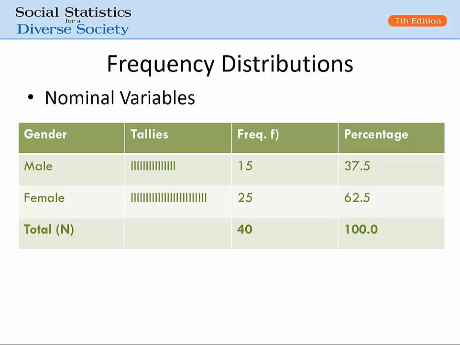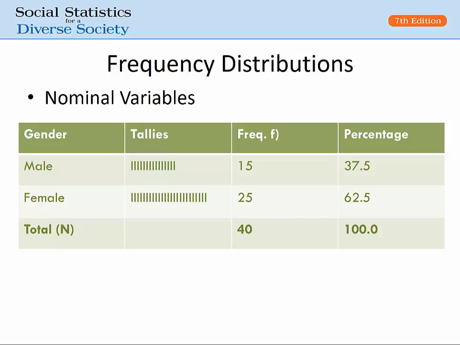They're counts of things. So again, if we're comparing males to females in this particular group, we see that there's a total of 40 people in this group. 15 of them are male and 25 of them are female. And we're familiar with doing those little tallies where we put those little slashes down to tally up the number of people in a group, and then we count those up to get our frequency. And then we convert our frequency to a percentage.